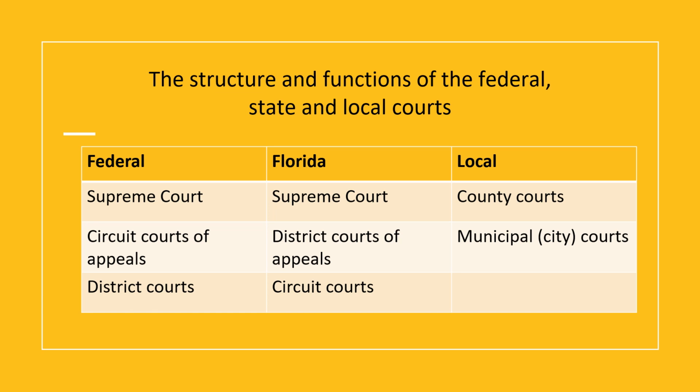And then finally, at the local level, there are county courts and municipal courts. Municipal is another term that we often use to represent local government. Here, because we're not talking about county courts, we're talking about a lower level than county, so cities, towns, and villages. Those are our municipal courts.